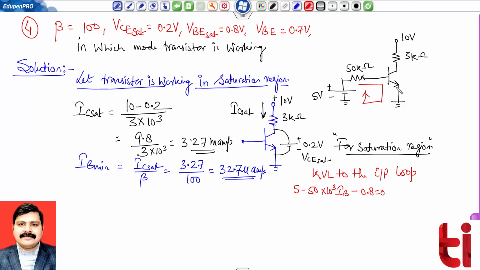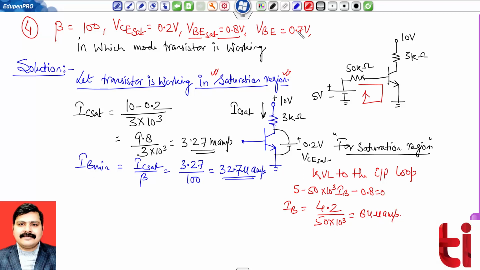We are considering VBE 0.8 because now we have to use VBE set, because we have taken the assumption that my transistor is working in saturation region. So value of IB will be equal to 4.2 divided by 50 into 10 raised to power 3, and this value is my 84 microampere.